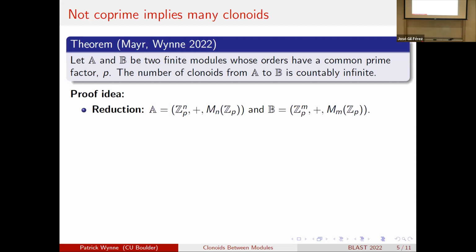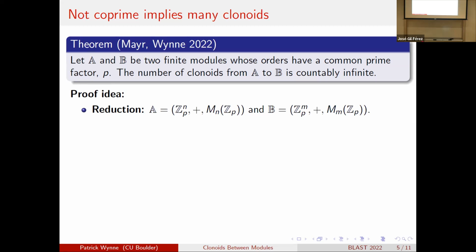The proof idea is that the first step is to reduce down to just the integers mod p to the nth power, acted on by the full matrix ring, and the same thing for B, with a full matrix ring of maybe some different size.